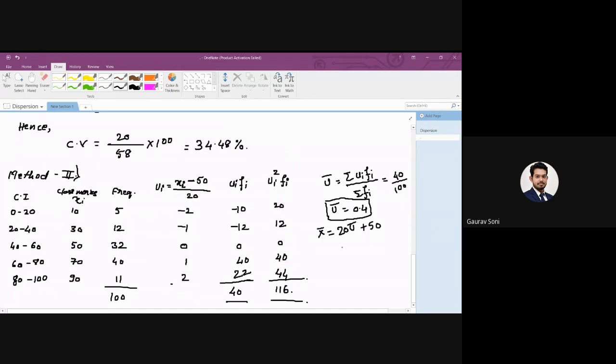So h into u bar plus a, that was the formula. So x bar will be equal to 50 plus 20 into 0.4. 0.4 into 20 is 8. So total will be 58.